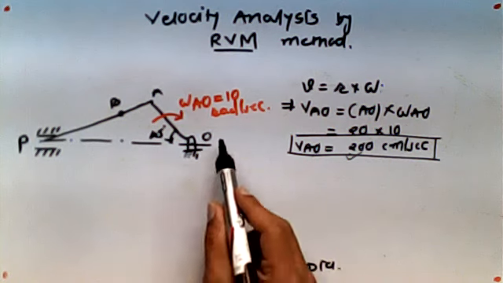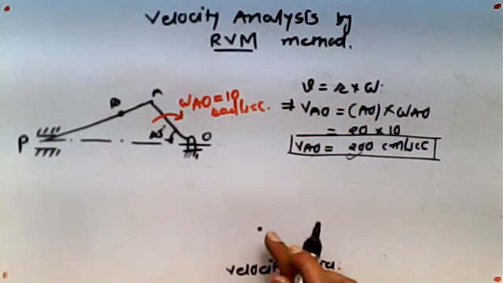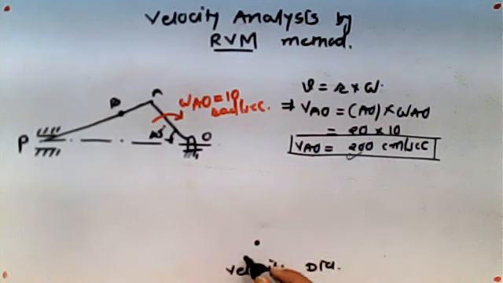We'll see how many fixed points are there, and we'll start with that particular point, and we'll give the name in terms of smaller alphabets. So here O point is fixed, so I'm writing small o, correct? Suppose some other fixed points are also there in the configuration, then you need to write them in the form of smaller alphabets. But here only one point is there, so I'm writing it as point o.